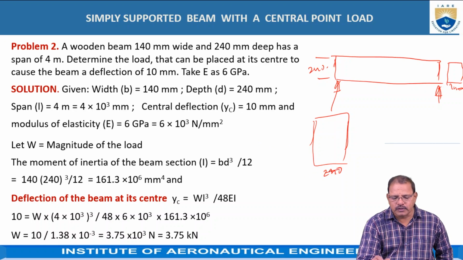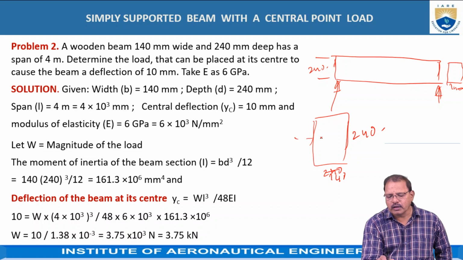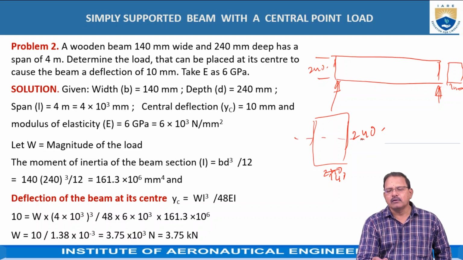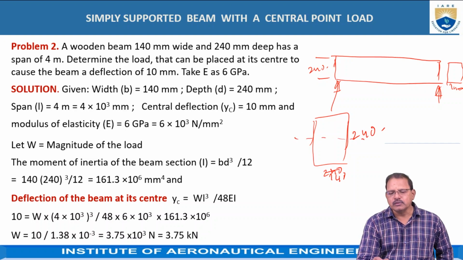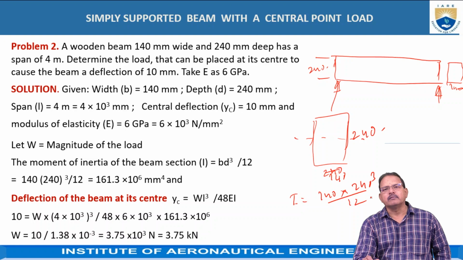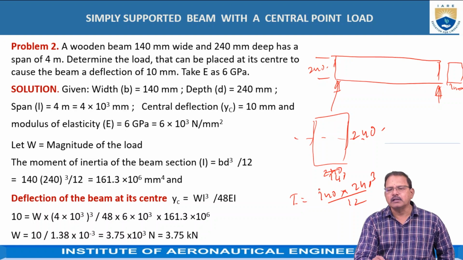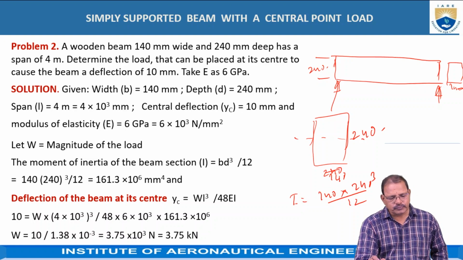Here we require the moment of inertia of this cross section about its neutral axis, so I is equal to 140 into 240 cube divided by 12. We have to determine this value because we require the I value.